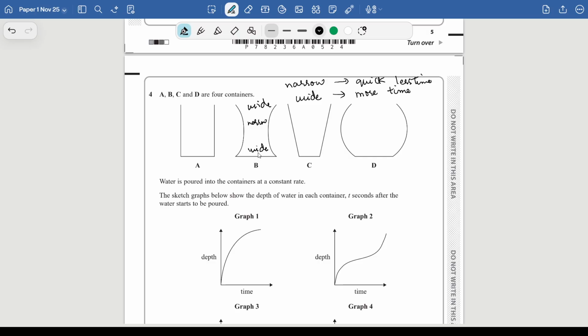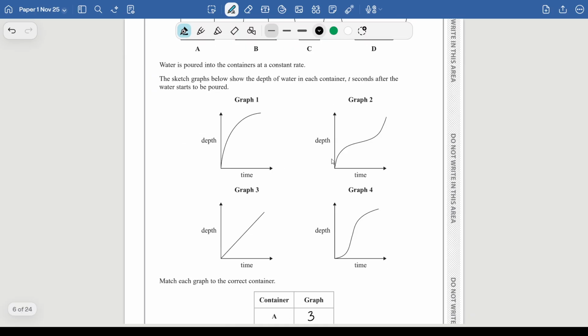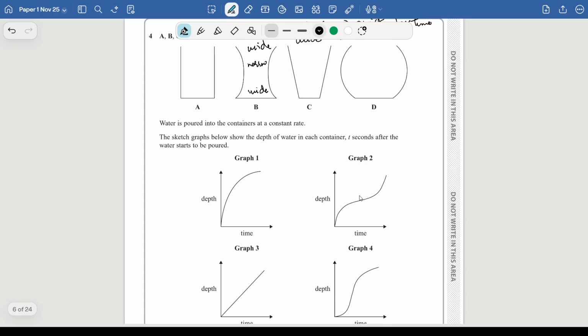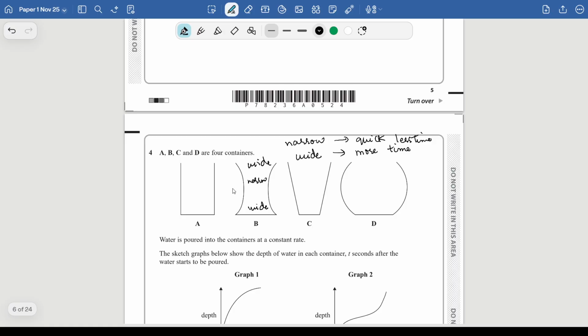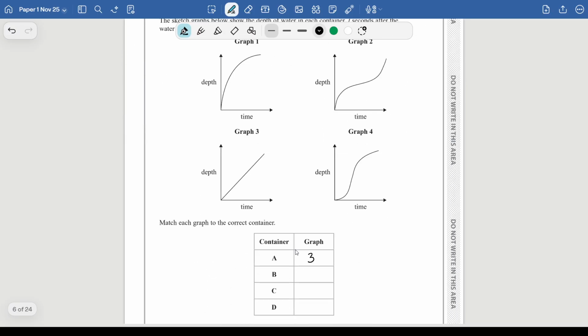So if it's wide, it takes more time. Here the time is a little more than 0, and then it gets a little lesser, and then again it rises. So I would say container B is matching graph 4.